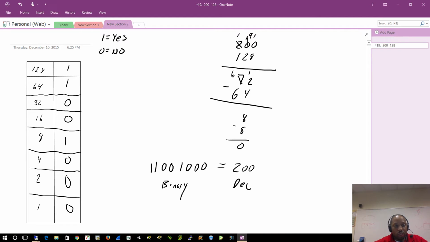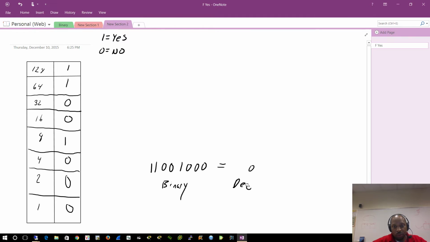Alright, so I showed you how to convert from binary to decimal, and we converted decimal to binary. The last thing I want to do is, here we purposely used only 8 bits. So I'm wondering, what would be the largest number that we could write in binary with only 8 bits? That's easy.